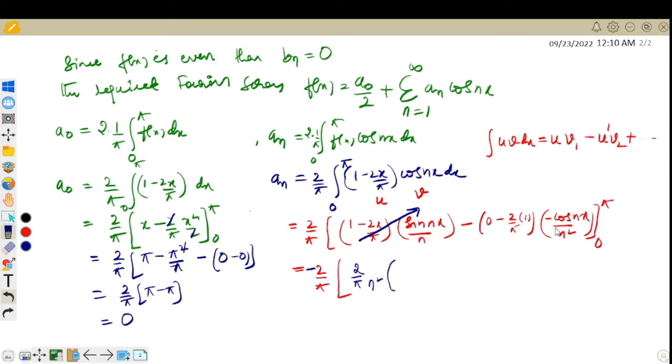So what is remaining? Only cos nx. Substitute x is pi, cos n pi minus cos n into 0 is just 0. So this is minus 4 by pi into pi, which is pi square n square, and you know that cos n pi value is minus 1 whole raised to n, minus cos 0 value is 1.